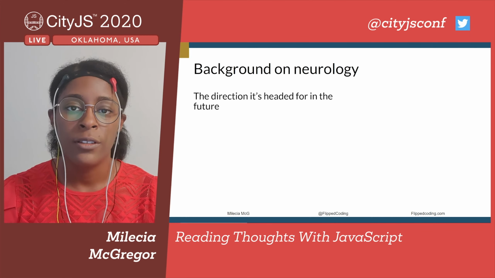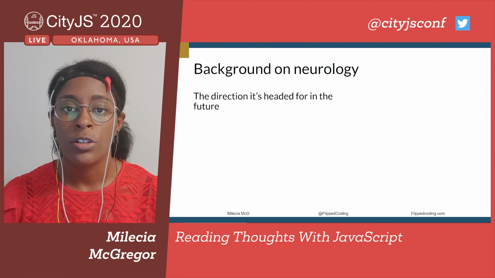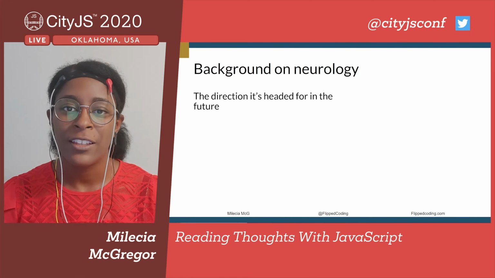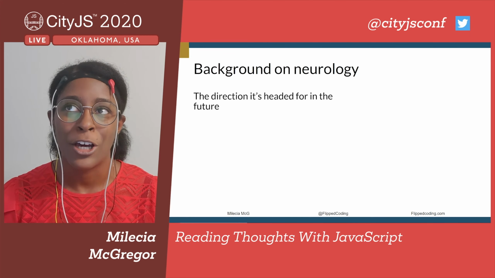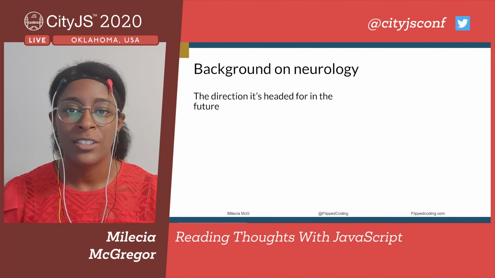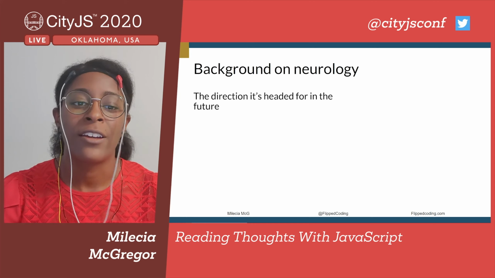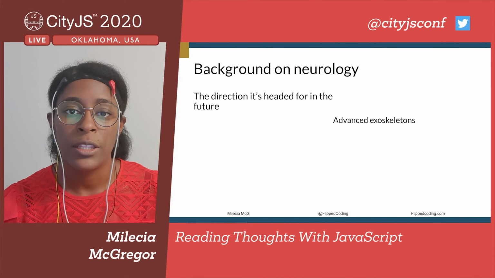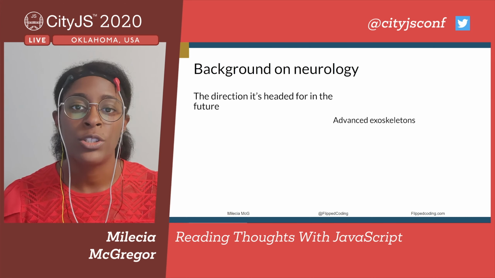So there's definitely going to be a lot of neurotech talk in the future. I'm sure you guys have at least heard of the thing Elon Musk is trying to make, the Neuralink. So it's definitely something that's simmering in the background. But a few things we will be able to do with it include advanced exoskeletons.